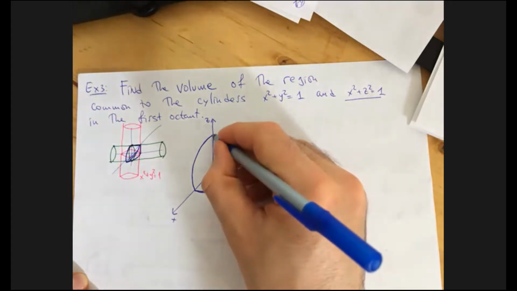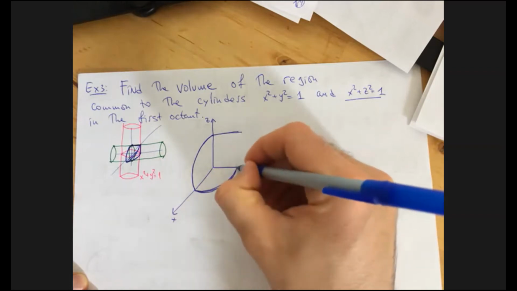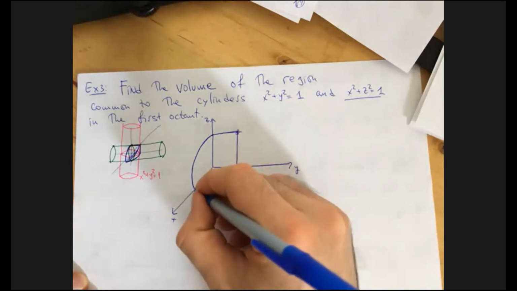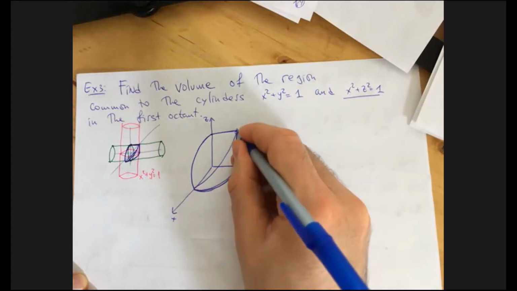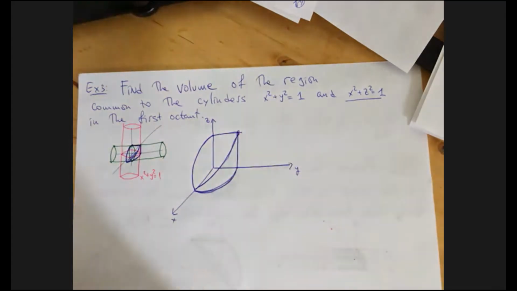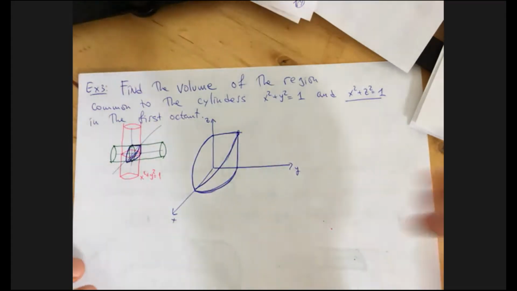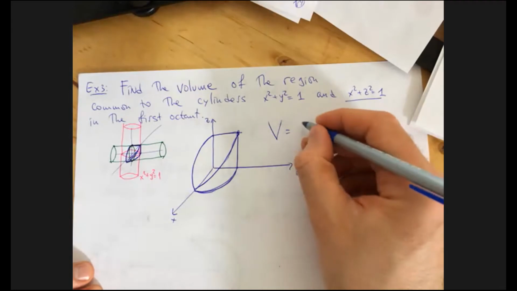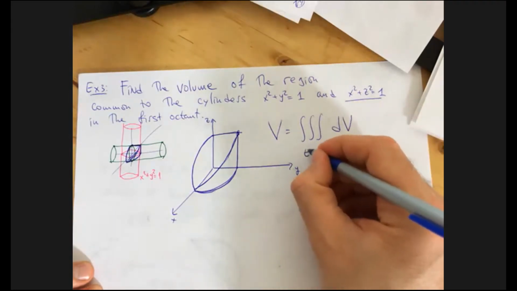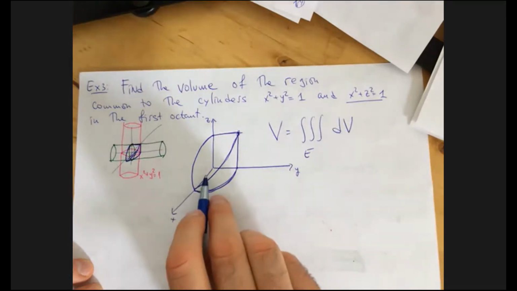And then the cylinder goes like this, the cylinder goes like this, they meet here, and then you have this intersection here, this difficult part. So you have to evaluate the volume. The volume is just going to be the triple integral of 1 over this region, three-dimensional region E.